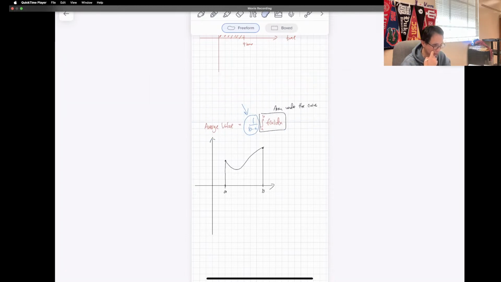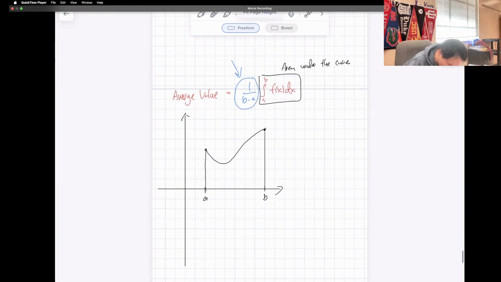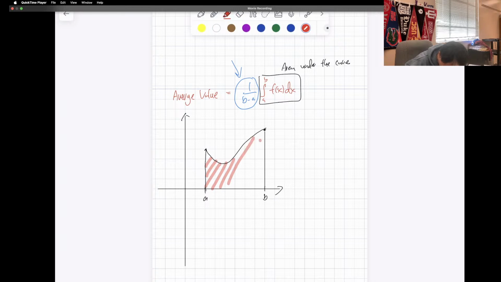But right now, I'm going to teach you the meaning of the formula. So the area under the curve is this area here, in red. If this curve is a velocity function, it could be the distance covered in this amount of time.